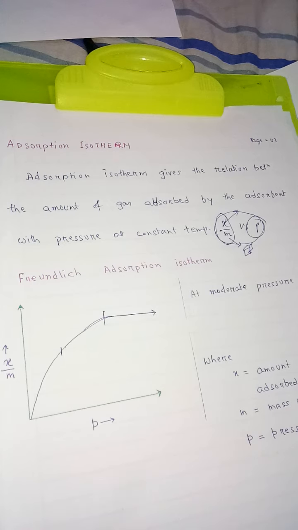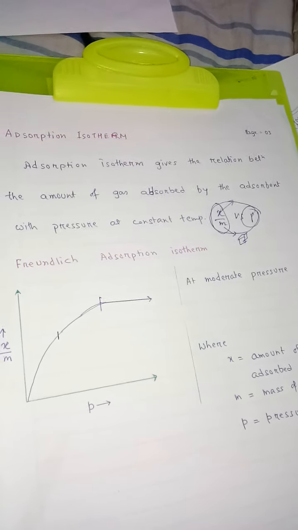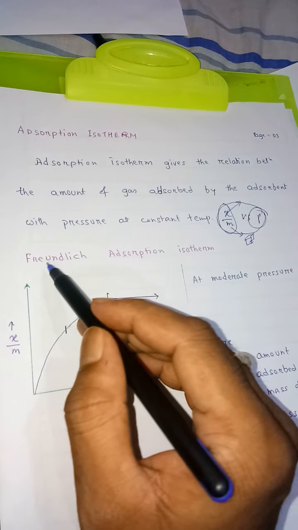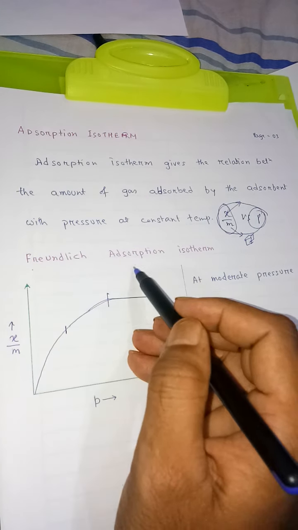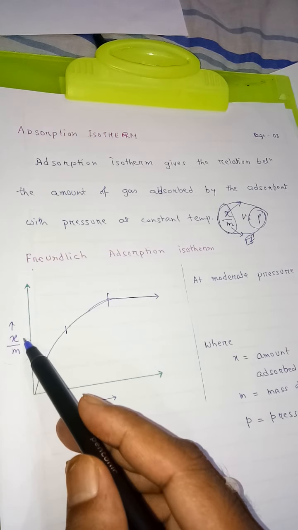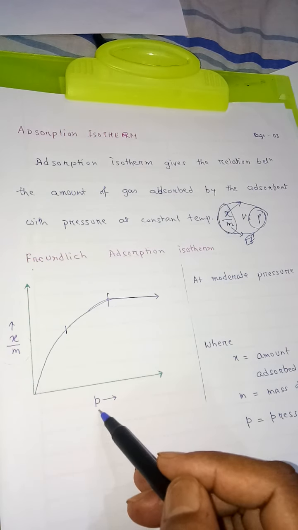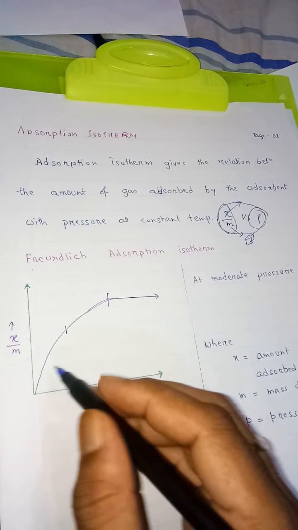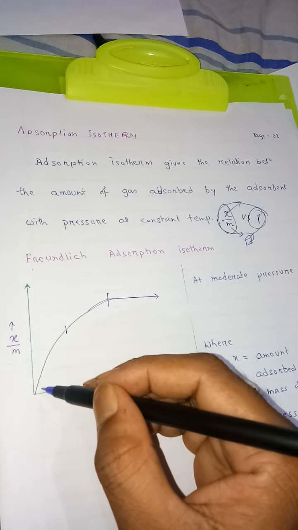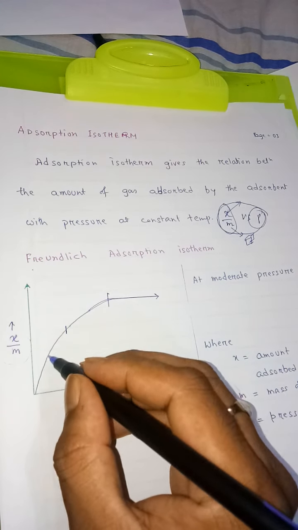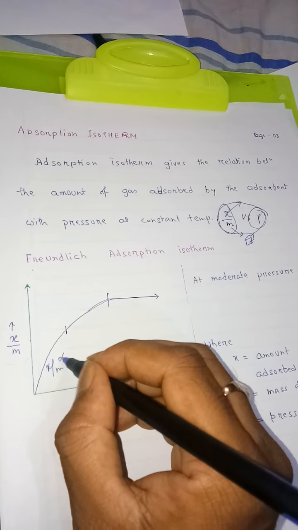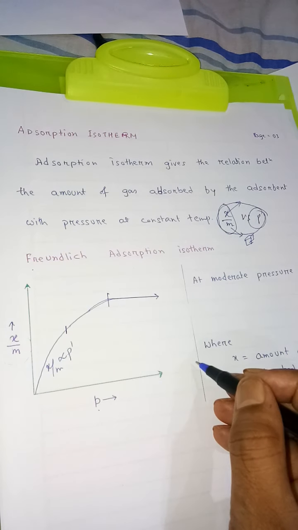Now, in this regard, we have drawn a graph, that is the Freundlich adsorption isotherm. This is extent of adsorption versus P. What the graph gives you is that as pressure increases, at first x by m is directly proportional to p to the power 1.